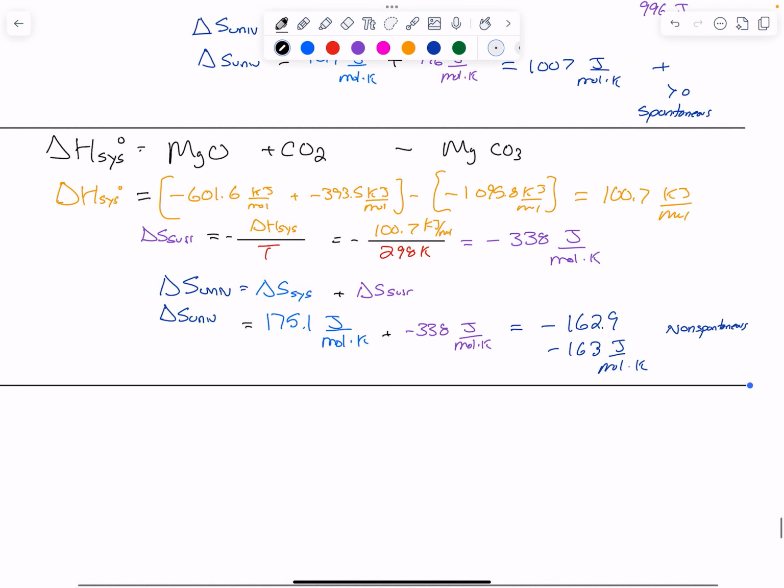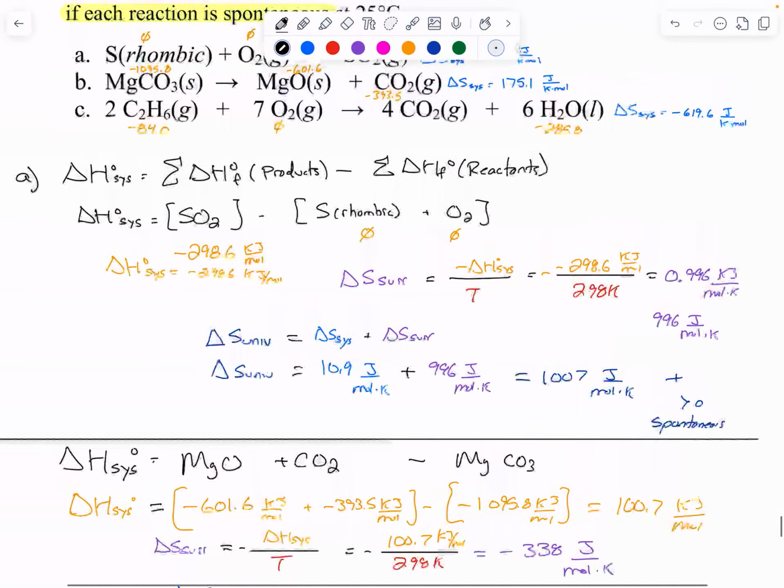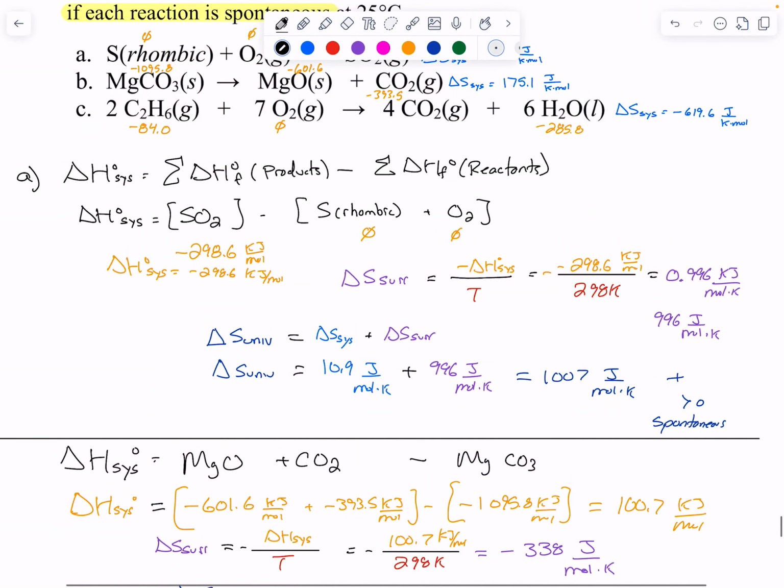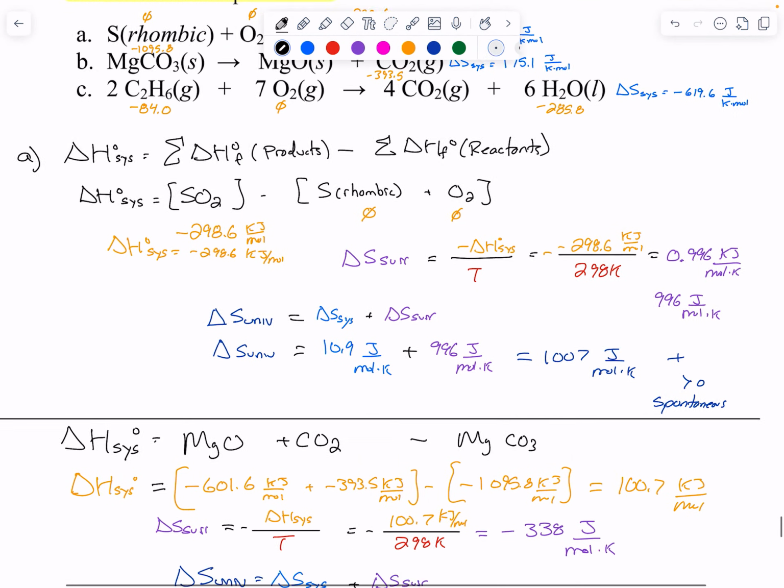So for C, delta H of the system is equal to what? We would have 4 CO2, 6 waters, 2 ethylene, and 7 oxygen.